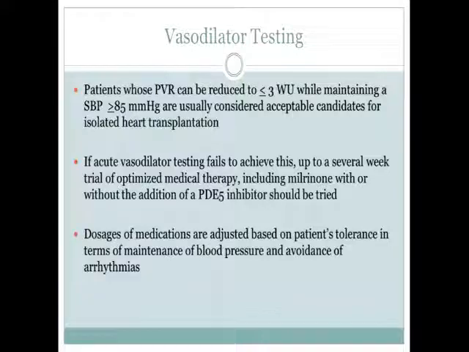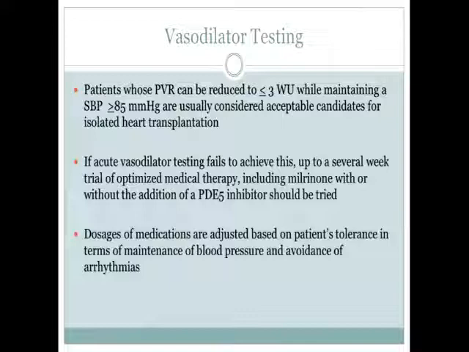I won't go through this in detail because I think we're starting to run out of time, but basically this study, all the studies prior to this on sildenafil and pulmonary hypertension and end-stage heart failure had showed benefit of just a one-time administration, and this was the first study that showed that several weeks, here they used 12 weeks in particular, significantly reduced both the pulmonary vascular resistance and their PVR to SVR ratio after a prolonged period of time.